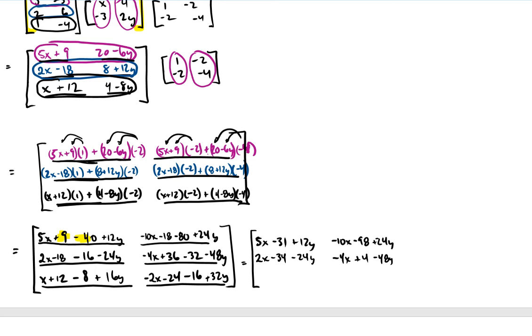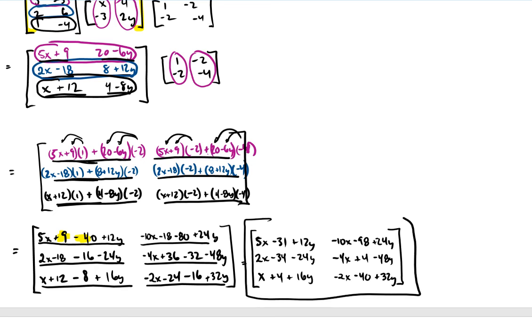So the 36 and the minus 32 was the plus 4. Then we have x. 12 minus 8 would be plus 4, and then plus 16y. And then this last one, negative 2x. The middle terms become minus 40, and then we have plus 32y still attached.